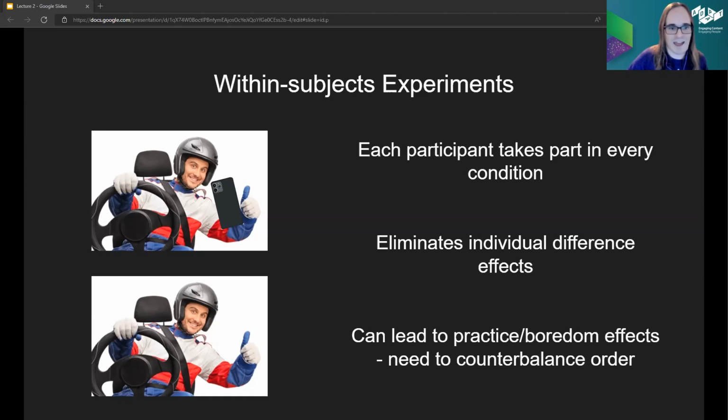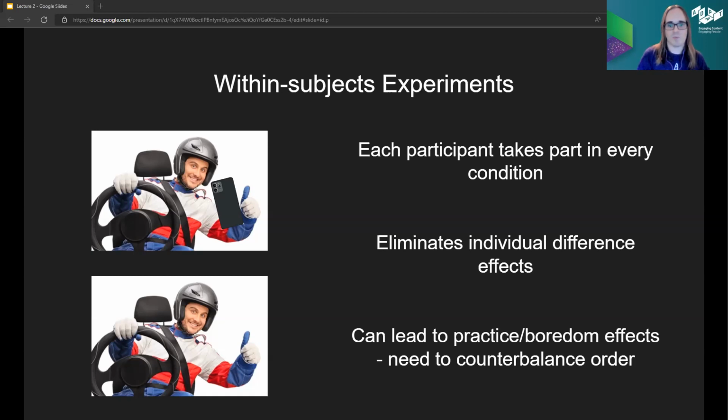In terms of confounds, it has the benefit of eliminating individual differences between subjects. Participants' measures for the dependent variable are only being compared against themselves, not against other people. So if we think that every individual varies a lot and that it's going to be hard to make our samples match in terms of those individual differences, then a within subjects design can help, because now we don't need to worry about them at all. On the other hand, within subjects designs have that idea of practice effects that I just mentioned. My driver gets to drive the same track twice, so the second time around, they're probably going to be a better driver.